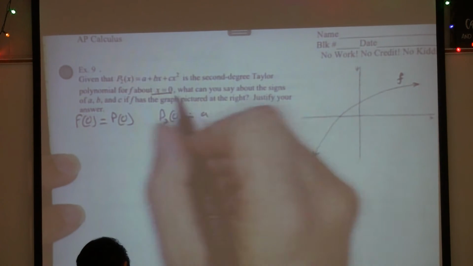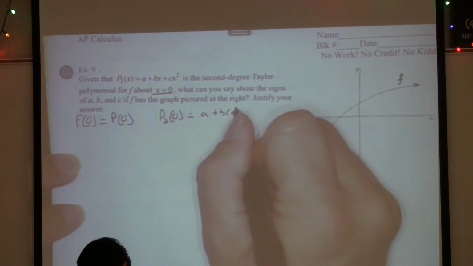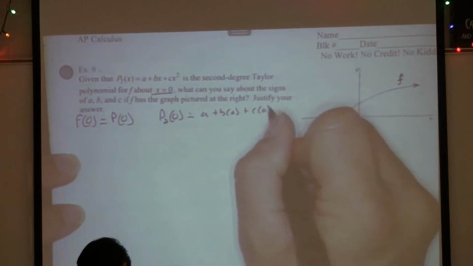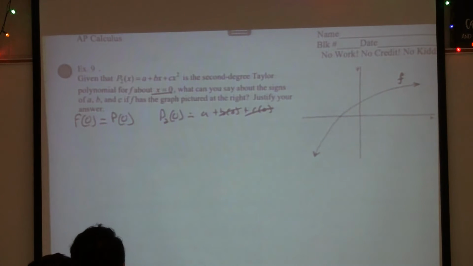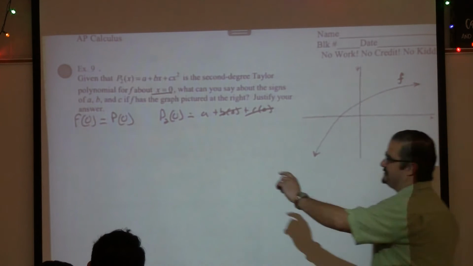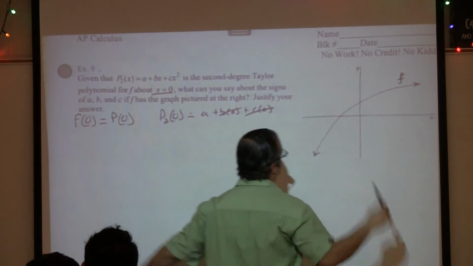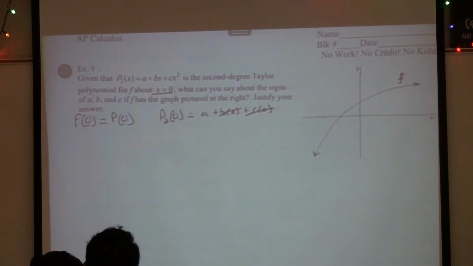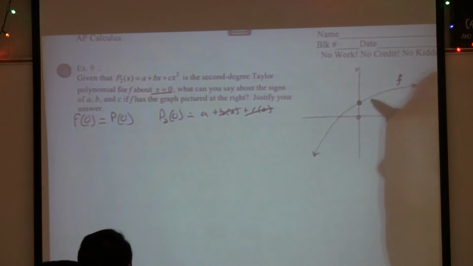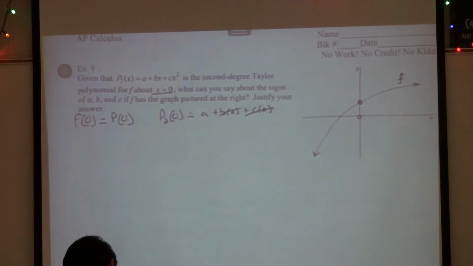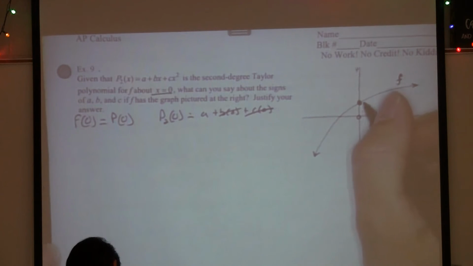It would be A plus B times 0 plus C times 0, right? So basically A. And what is f of 0 according to this graph? We don't know what it is, but we know for sure it's greater than 0. Right? This is f of 0.